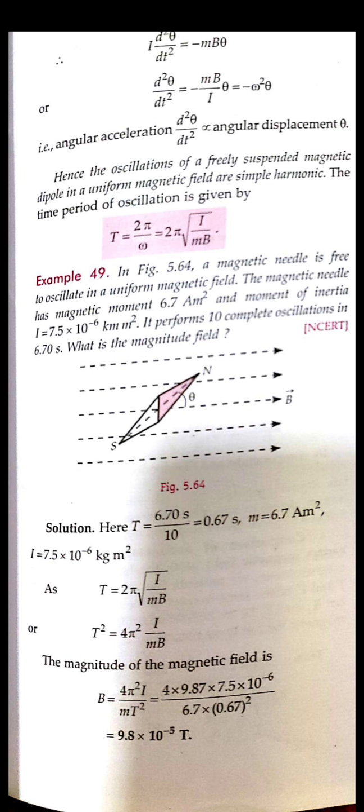I's value is given, that is 7.5 into 10 to the power minus 6, the moment of inertia. Similarly the time period is also given, that is 0.67 seconds. And again what is given, 6.7 ampere meter square, that is the magnetic moment is also given. So from there we can find out the value of b.